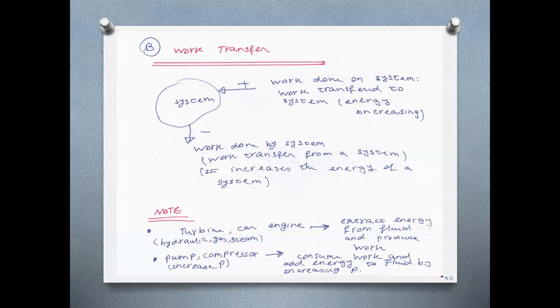So work can be done on the system, or the system can do work on the surrounding. By the way, anything outside the system is called surrounding. For example, if a piston cylinder is your system, anything else outside would be considered the surrounding.